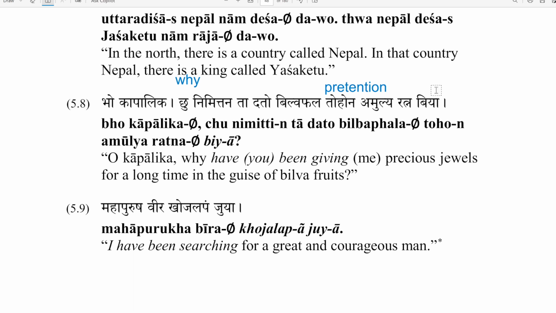Can we analyze da do? Okay. Da is the adjective for big or long. Like we have wo for great, and da do is related to time. So da do is a long time.